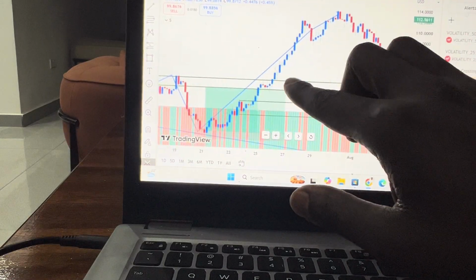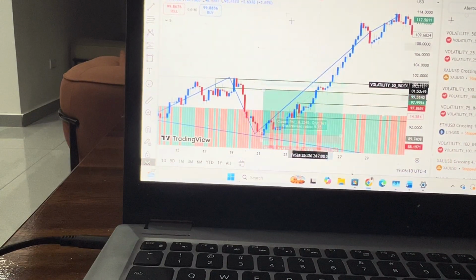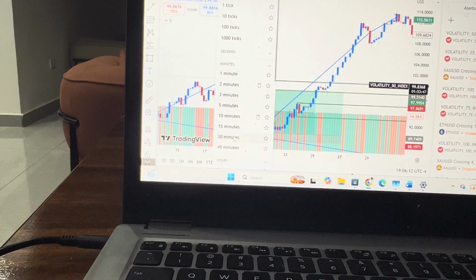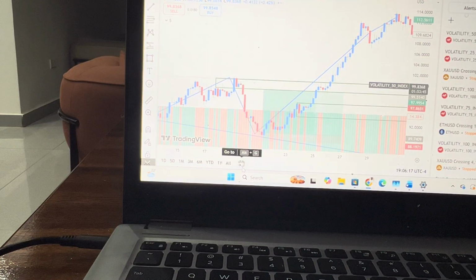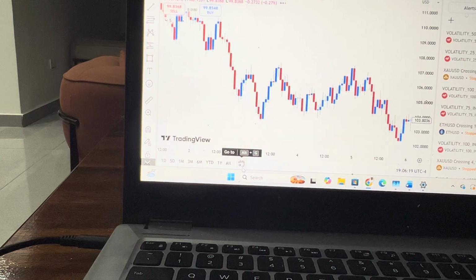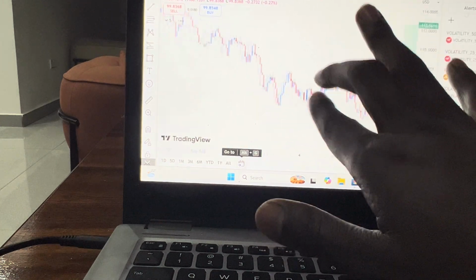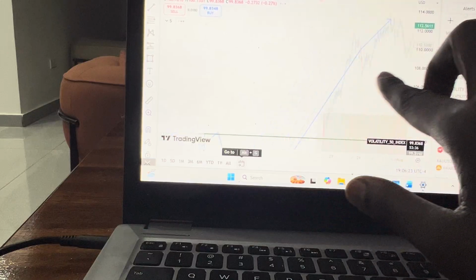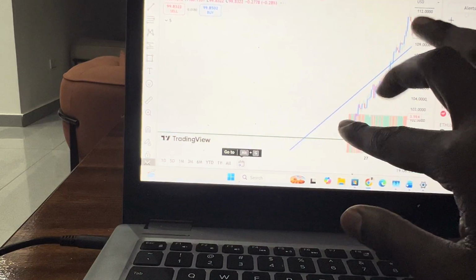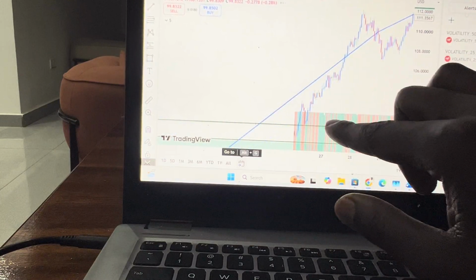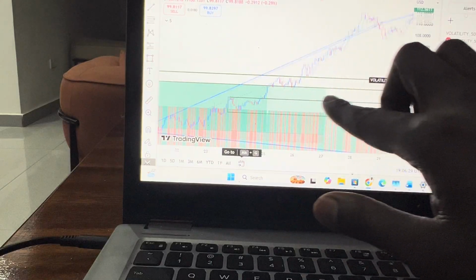We're on the 4-hour time frame here. But when you put on the 1 hour time frame, we can get a good entry. Good entry. See?